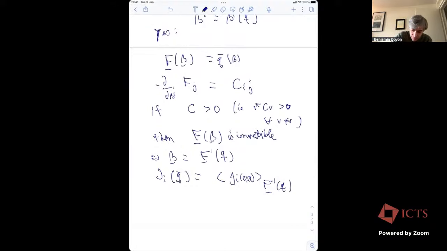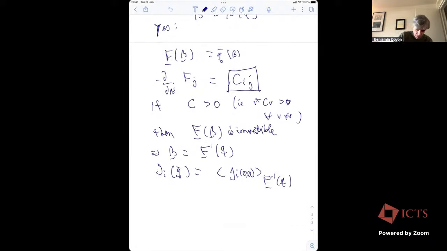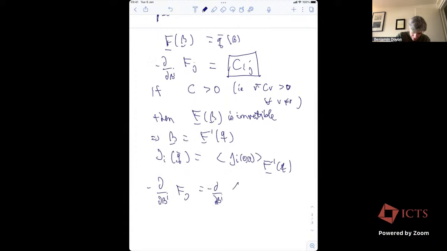What is this Cij matrix? Well, let us calculate it. If I do minus d by d beta i of fj, well, this is d by d beta i of the average of qj at 0, 0 in the state beta.